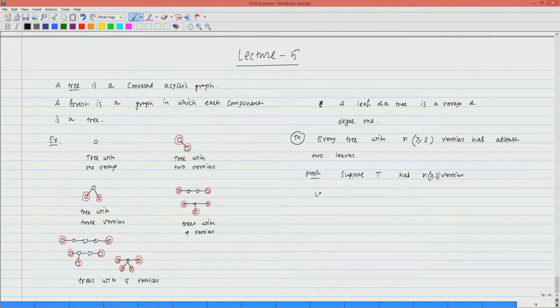And let P be the longest path in T, and the longest path is this one, V naught, V 1 up to V k, be the longest path in T.